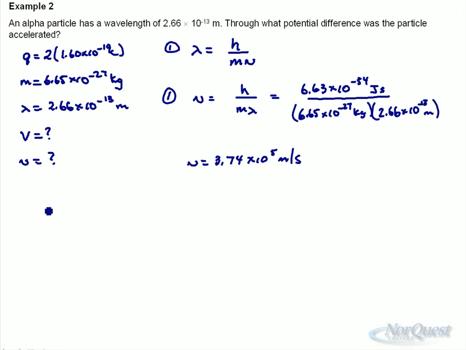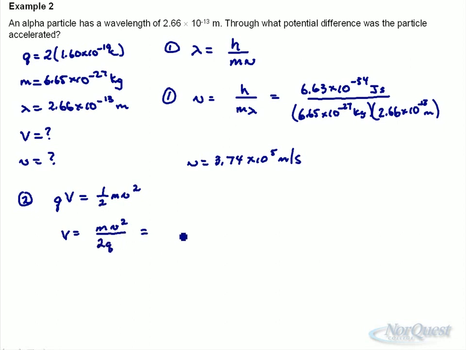To do the voltage, now we go to conservation of energy. The potential energy that this would have been accelerated through would be equal to all of the kinetic energy it converted into. So if we want to find voltage, it's going to be equal to mv squared divided by 2q.